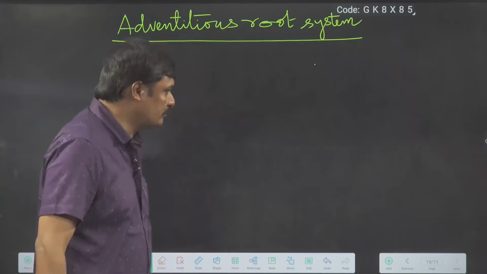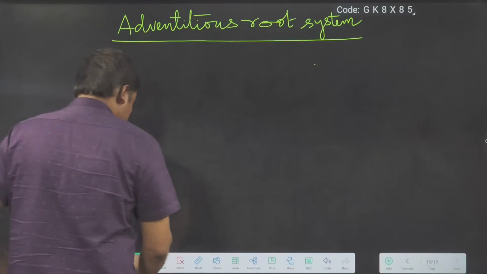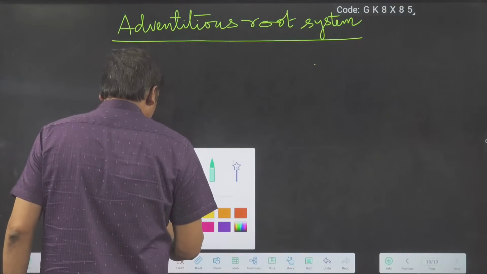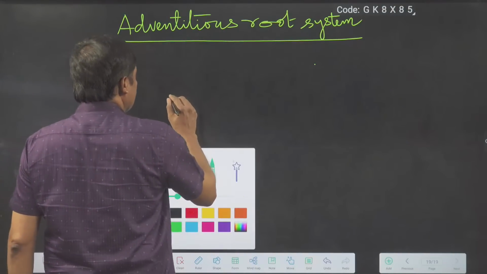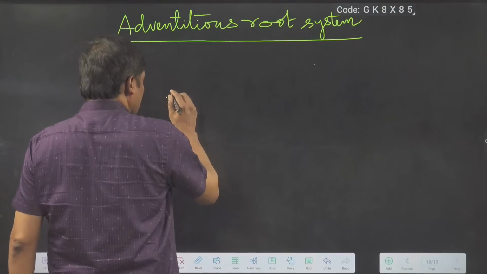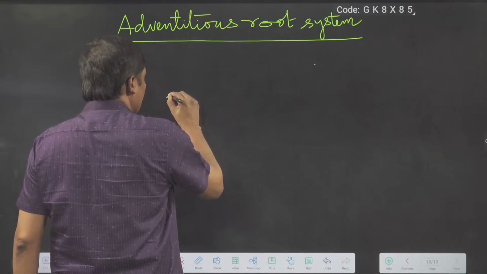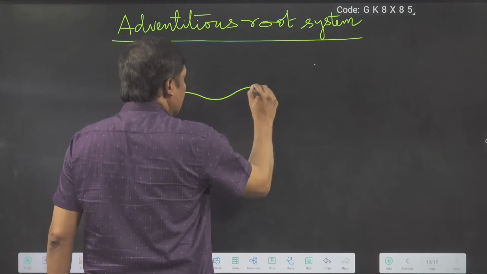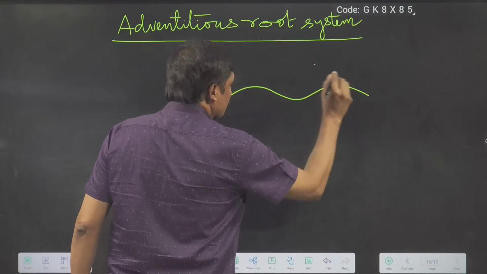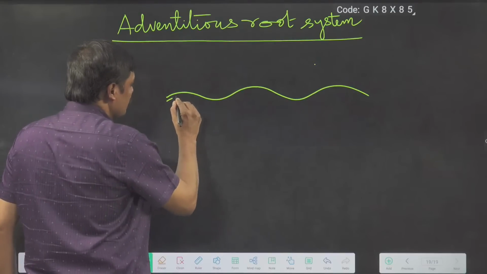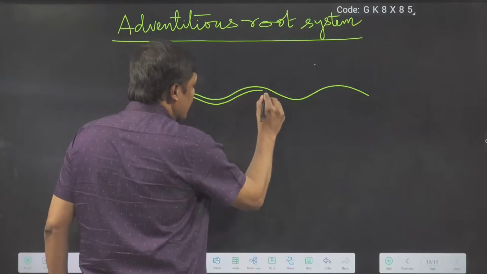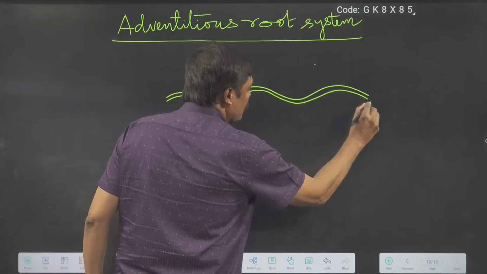For example, this is the stem. The stem is creeping on the ground.